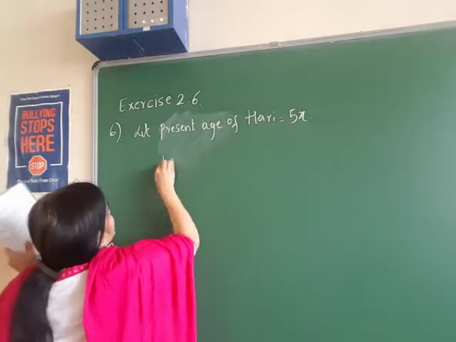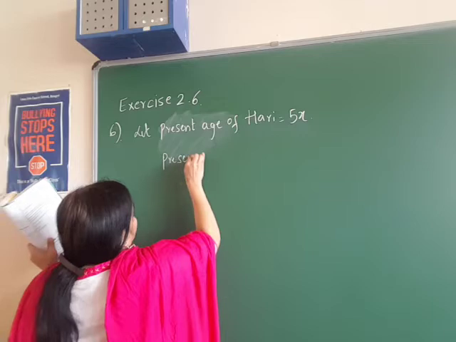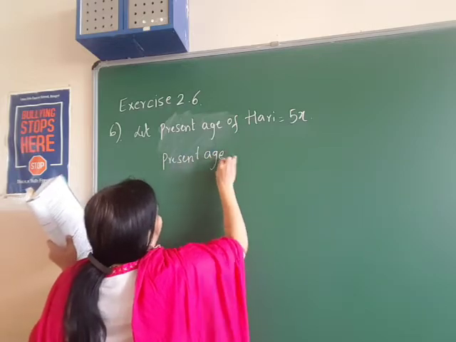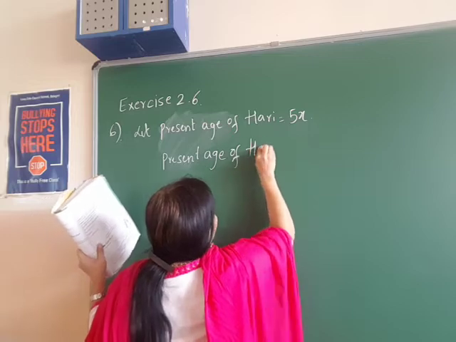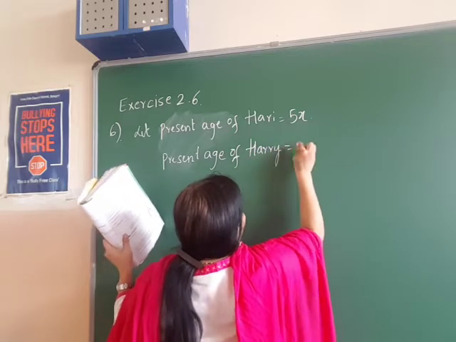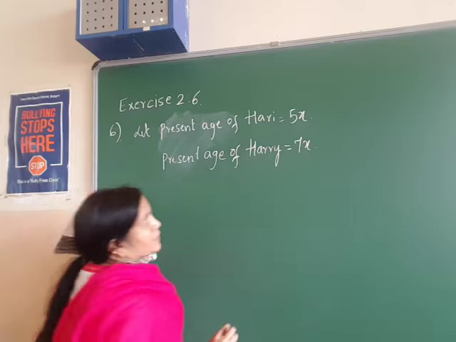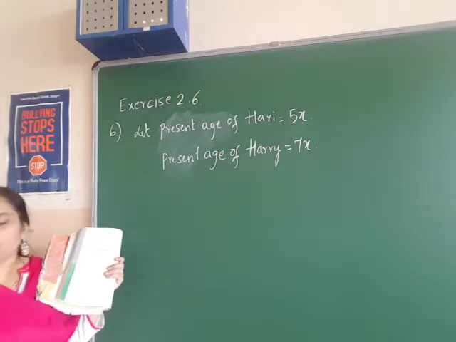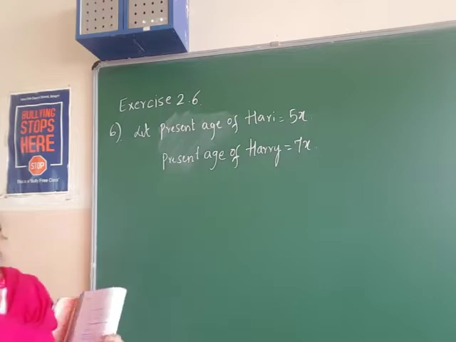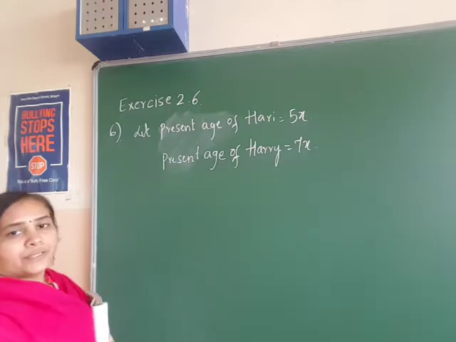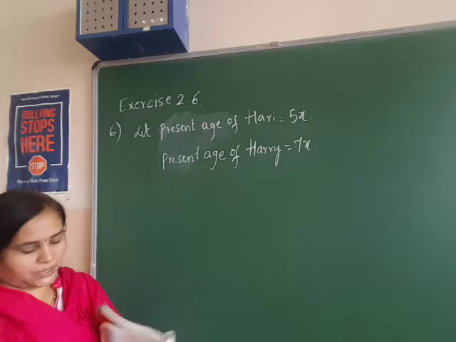And present age of Harry is equal to 7x. So let the present ages of Hari be 5x and Harry's be 7x respectively.